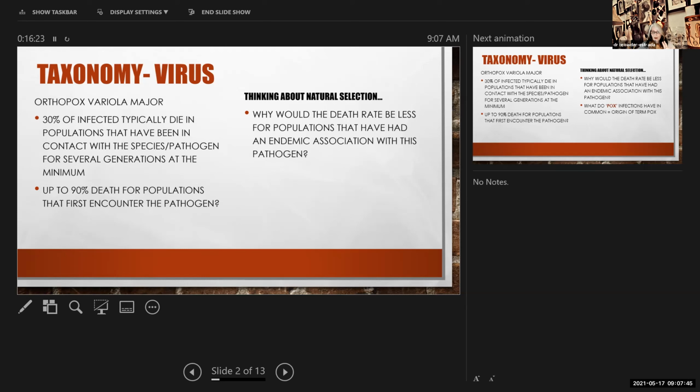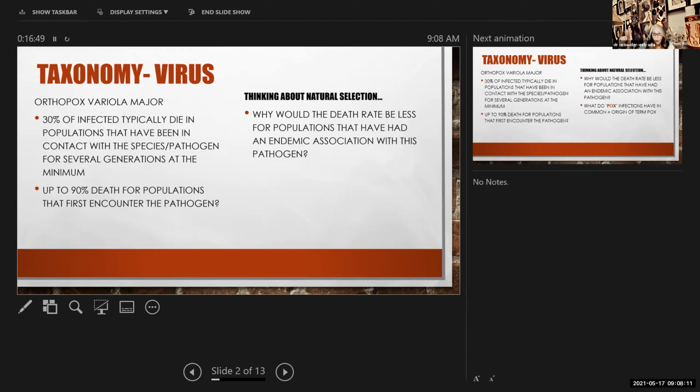So why is the death rate less in Europe, starting in the 1400s, than it is in the Americas, the Caribbean, and so forth? Because Europe, China, Africa, they had been infected over and over and over again. So all their children were children that had the immune system that handled it better. And they still lost 3 out of 10.